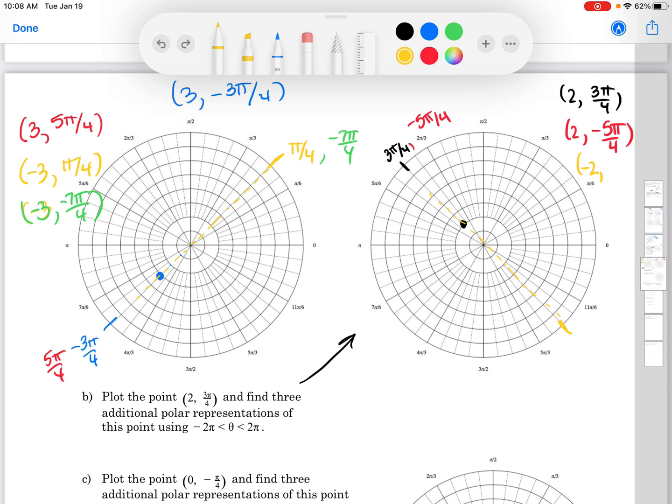That would be 7 pi over 4, sorry. Or if I wrote this as a negative, that'd be negative pi over 4. So we could use negative 2 comma negative pi over 4. But these 4 points are the exact same point. We're just writing it different ways.